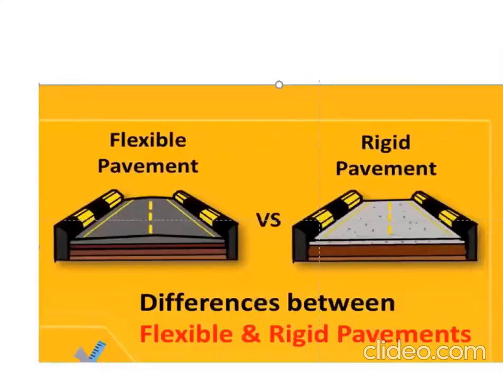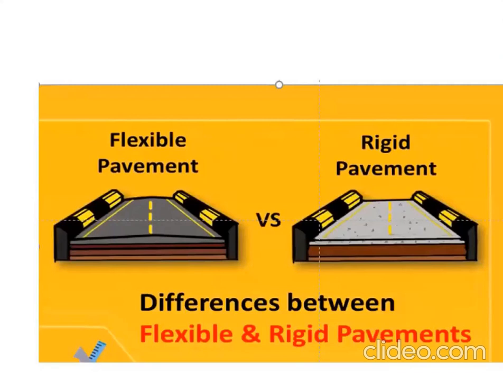Generally, in this scenario, you can define the pavement as either a flexible pavement or a rigid pavement. Before I move ahead, as you can see on your screen, there is a composite pavement as well.